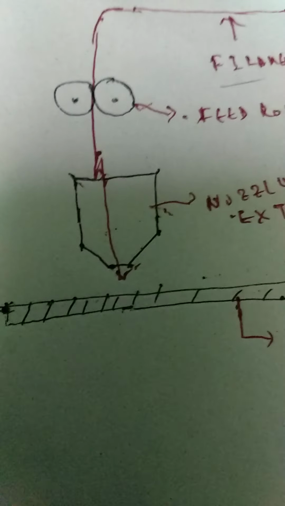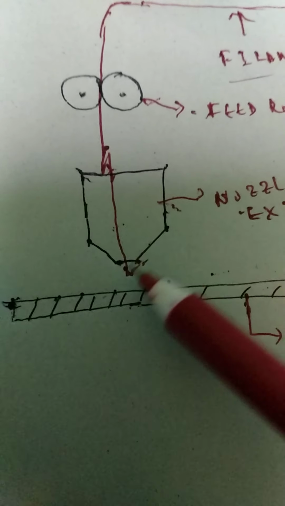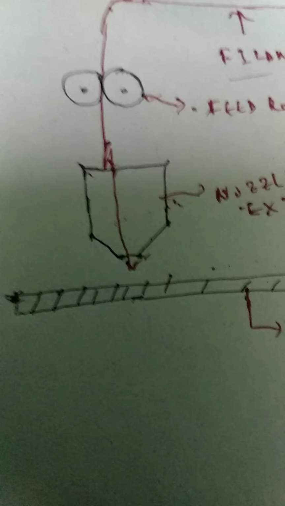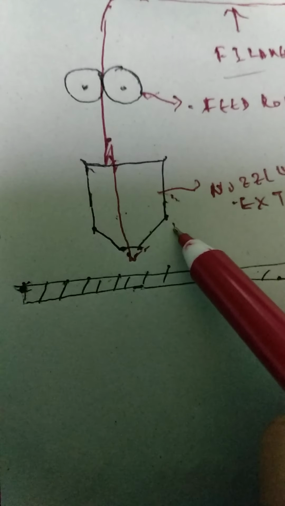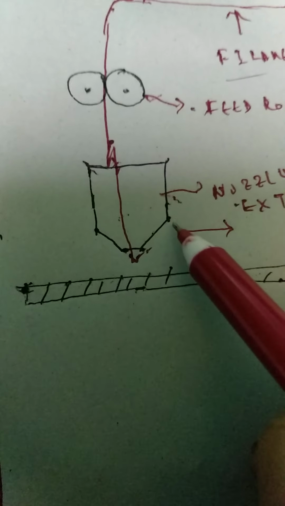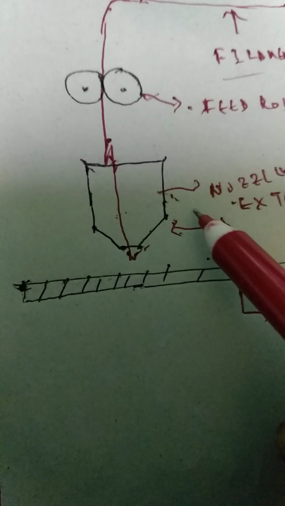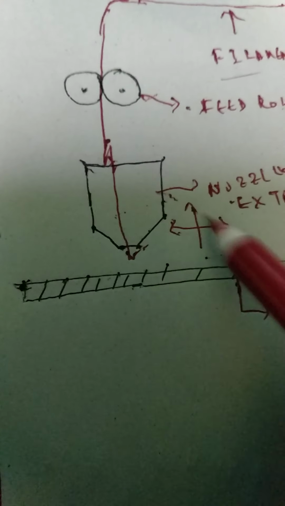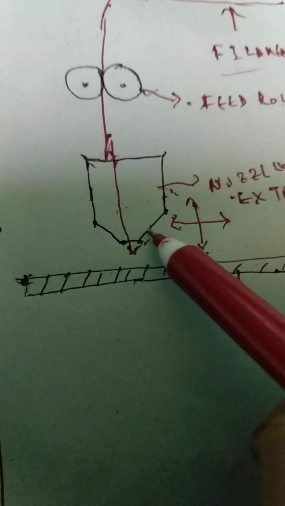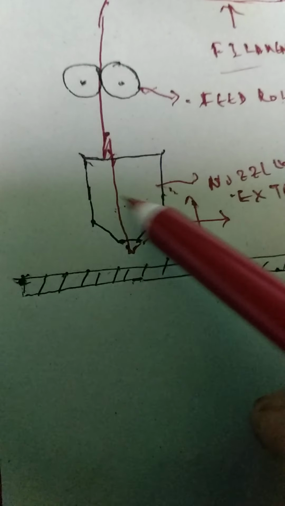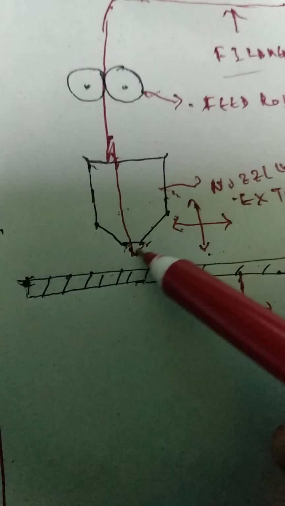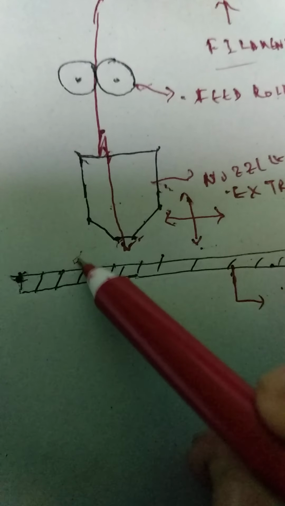This nozzle can move in the right or left direction, or up or down direction. It can move in any direction, and it will deposit the semi-liquid material on this platform.